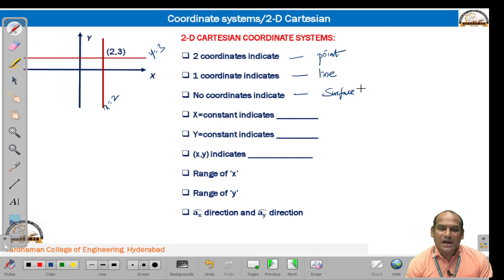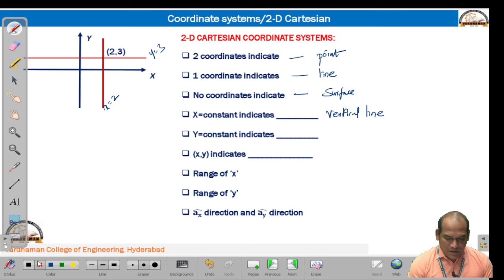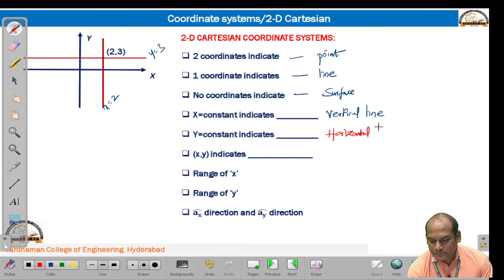X is equal to constant is representing the vertical line, y is equal to constant is representing the horizontal line. As I said earlier, if I give both, that is representing the point.